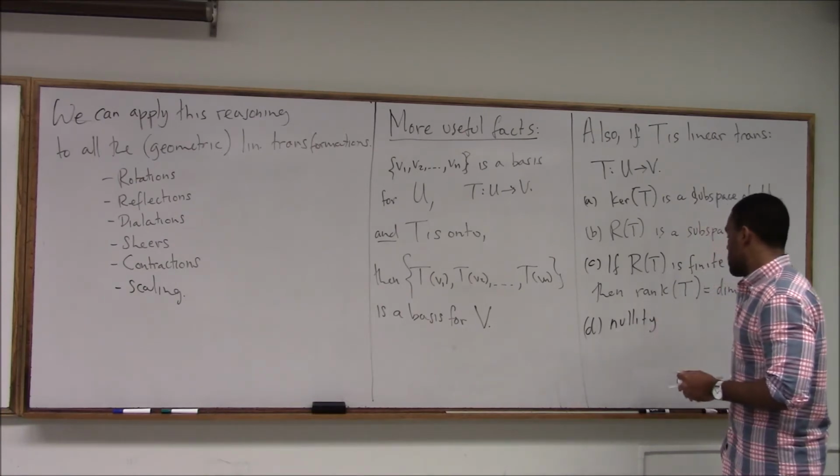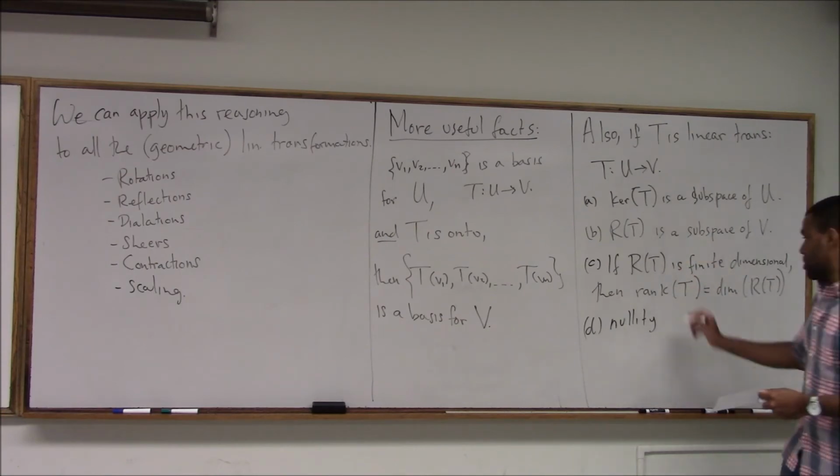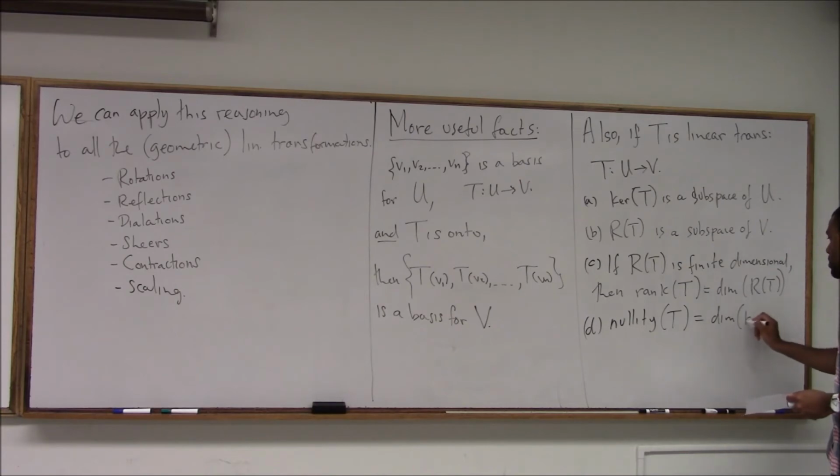Nullity, remember, is the number of basis vectors for the homogeneous solution. So the nullity of T is equal to the dimension of the kernel.